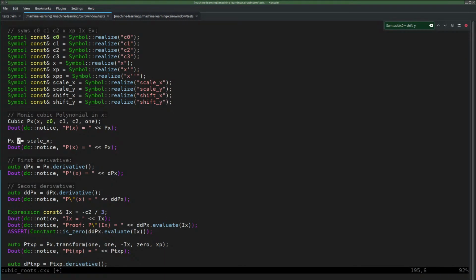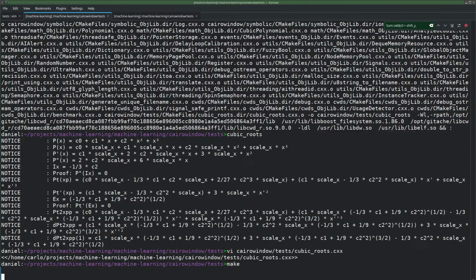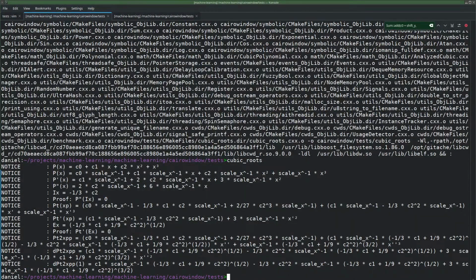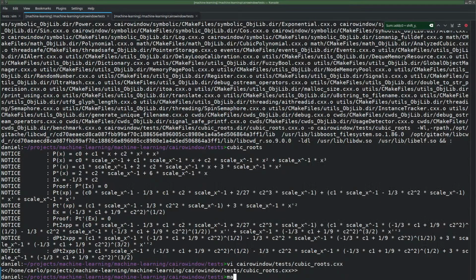I mean, do we really have to check that? Not the same thing, but then with to the power of -1. Each and every one of them. And then, of course, I could also have done auto px2 is px times scale x. It should compile.